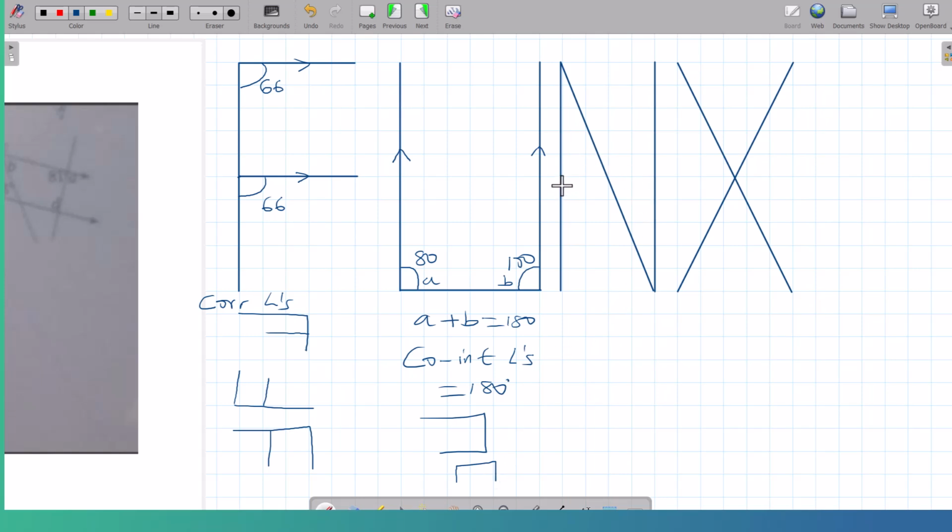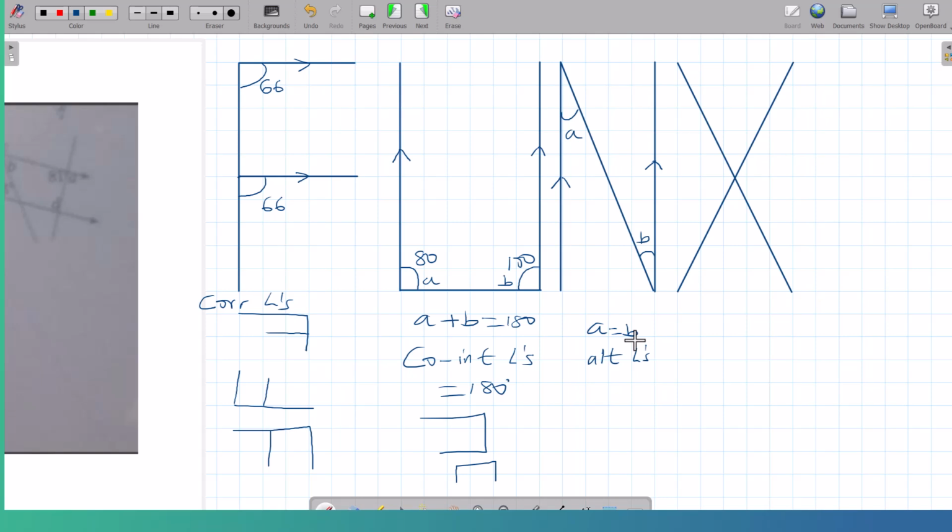What about here, with our Z shape? If these lines are parallel, then these angles are equal, and we call them alternating angles. Here, angle A equals angle B, and the reason is alternating angles.